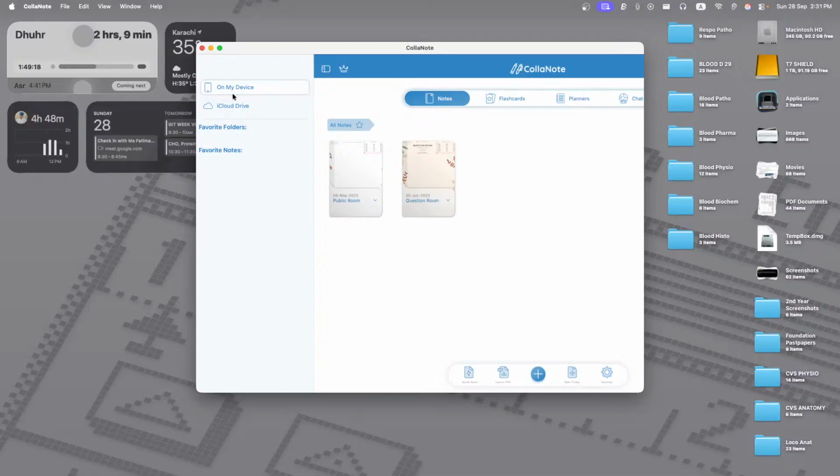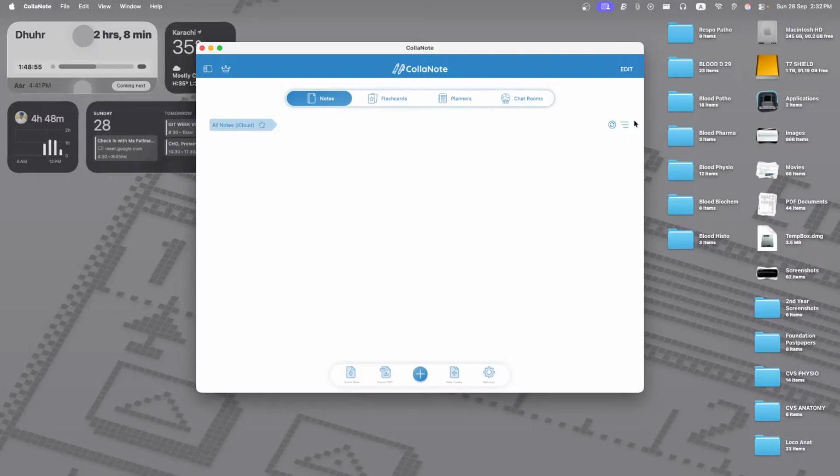So this is just a theory, but let's say, can I move this to iPhone? Let's go. Boom. Not here.